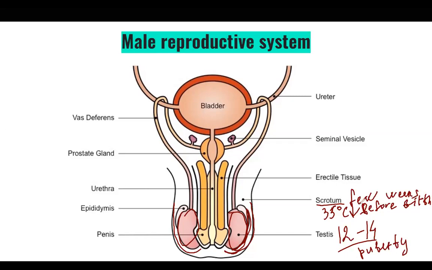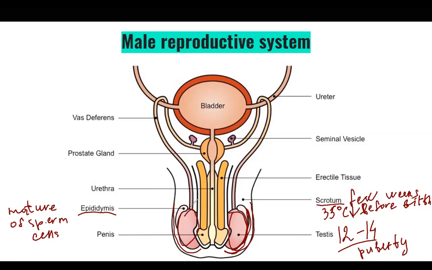The next structure of the male reproductive system is the epididymis. Epididymis is the part of the male reproductive system where the maturing of sperm cells occurs. Sperm cells get mature in the epididymis after the production.